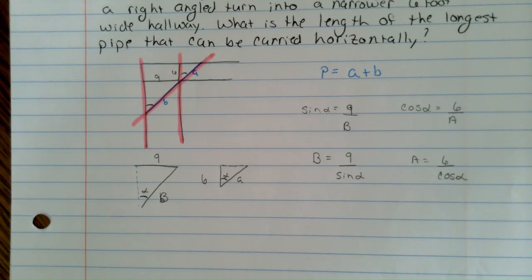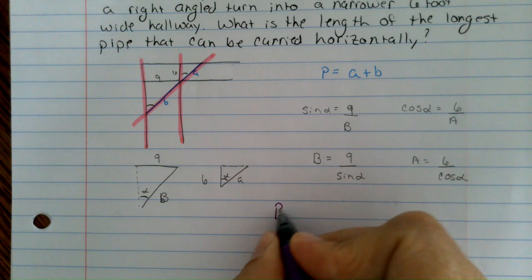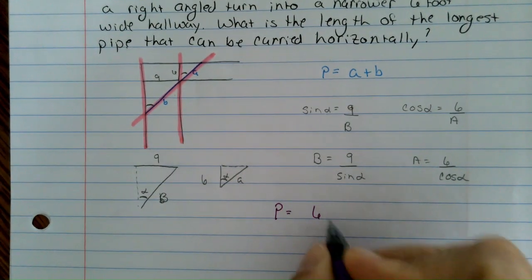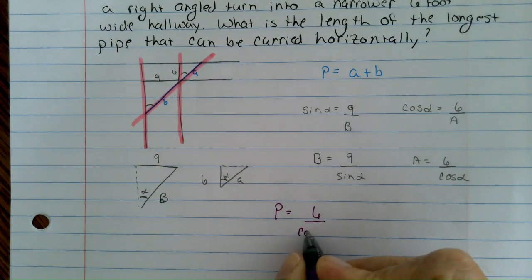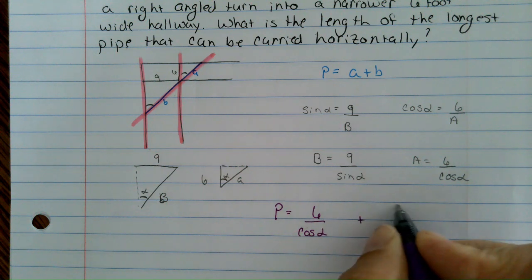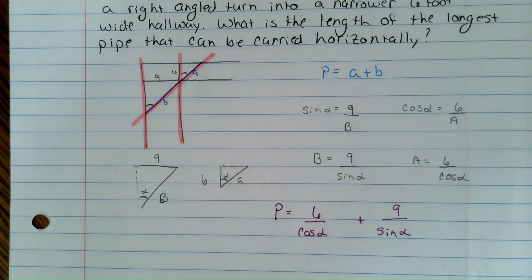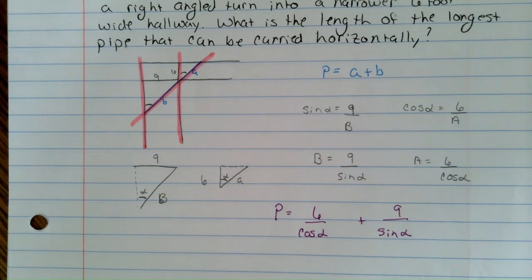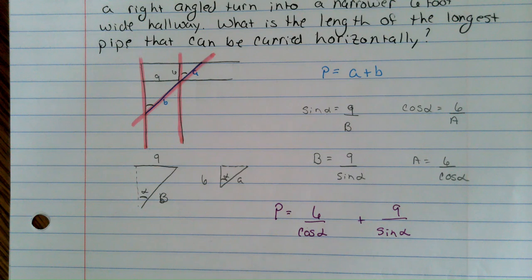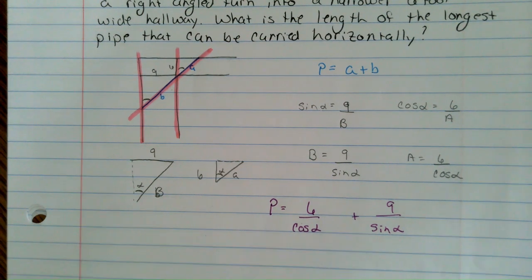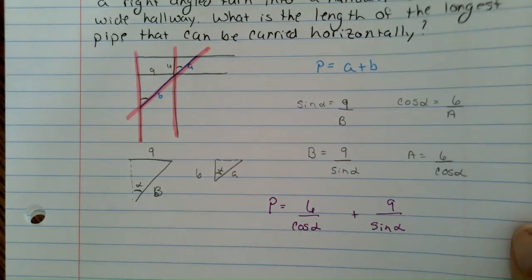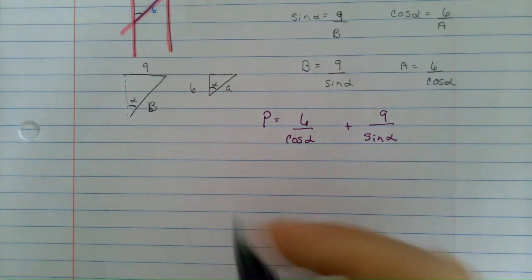Okay, so our maximum pipe length is going to equal our A part plus our B part. Now I can derive. You can either use the quotient rule or chain rule. I'm going to use the quotient rule.